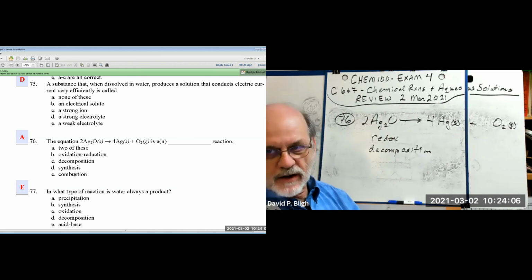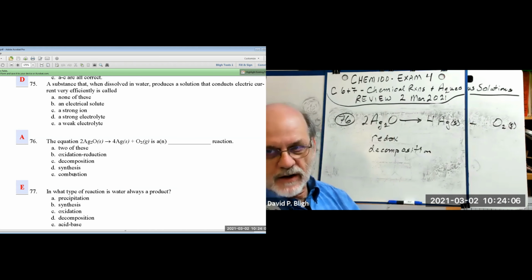Let's see. How about these guys right here? The scientists who discovered the essential nature of acids through solution conductivity studies. It wasn't Priestley, Joseph Priestley. He discovered oxygen.